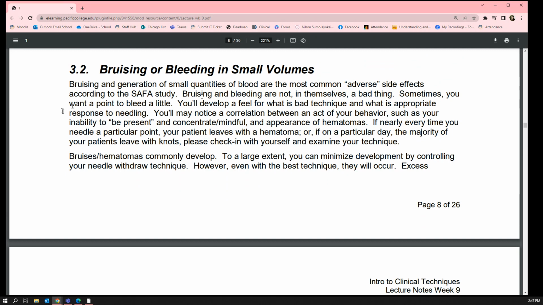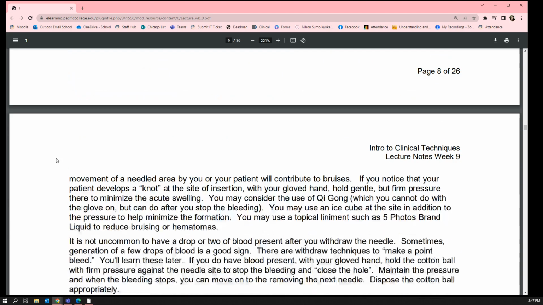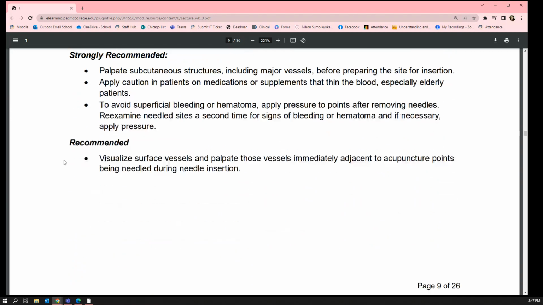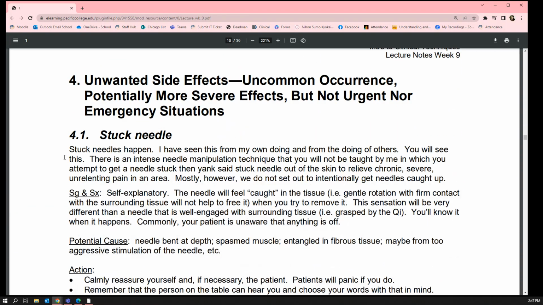As far as bleeding in small volumes, we are just going to grab a glove, grab a cotton ball, and sop up the blood. Most of the time, when you get bleeding from an acupuncture point, it will be a small amount of blood, 1 to maybe 3 drops of blood. That is pretty uncommon, though.